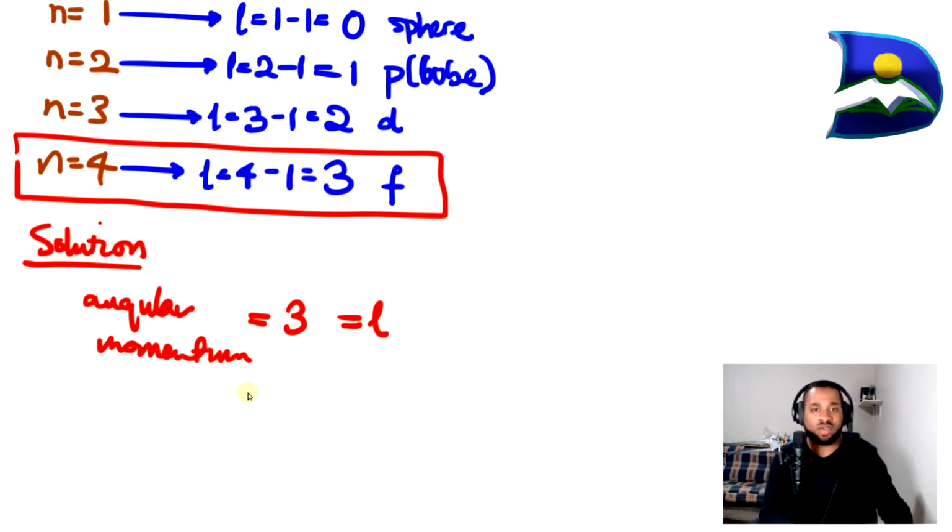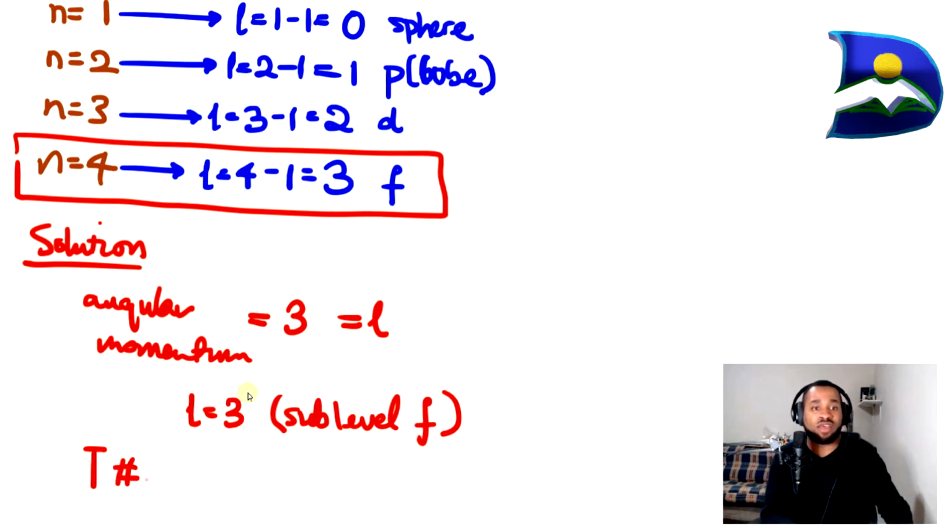Therefore, in this particular case, we can actually link our L equals 3 to the total number of electrons in that particular sub-level, which in this case is F. So when the sub-level is F, we are going to count the total number of electrons that can fill up our f orbital.